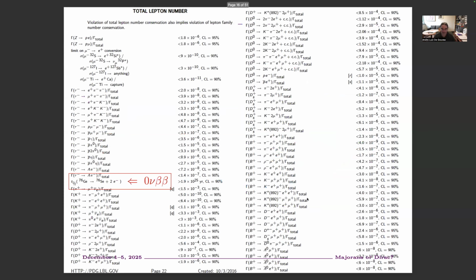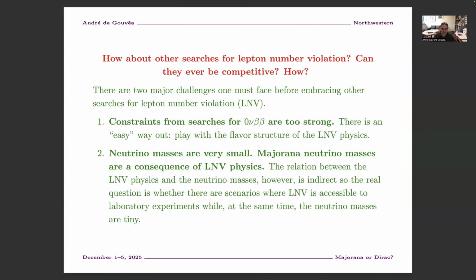Another thing to always keep in mind is that neutrino masses are very small. So if you can come up with a typical lepton number violating observable in some other process that's not neutrinoless double beta decay, the typical expectations will be such that you shouldn't be able to see anything.